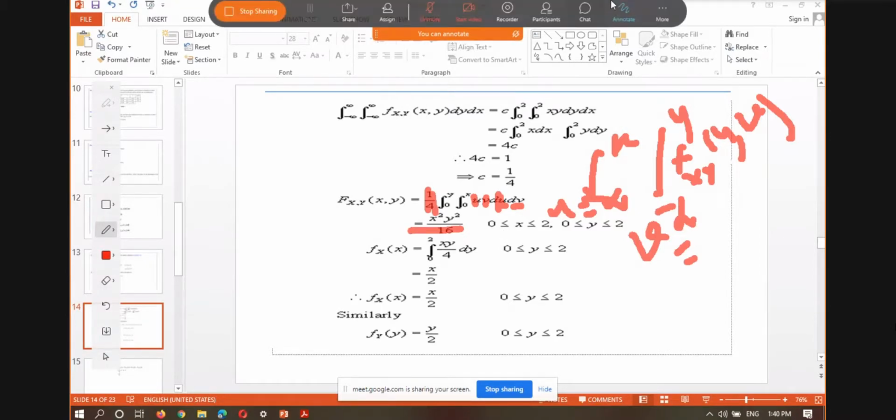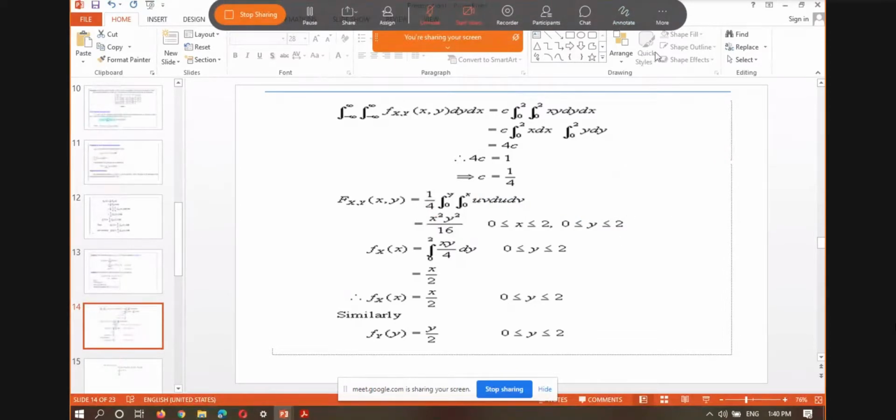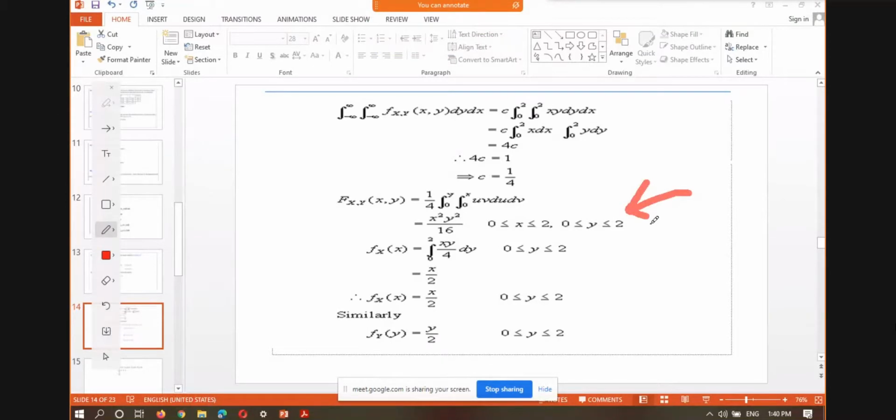Once you have the joint probability distribution function from the joint density function, now you have to calculate the marginal.